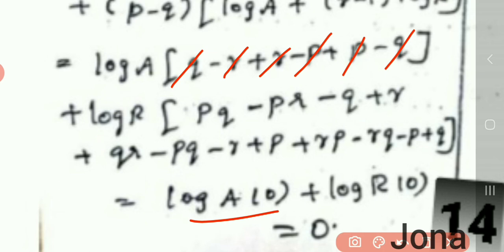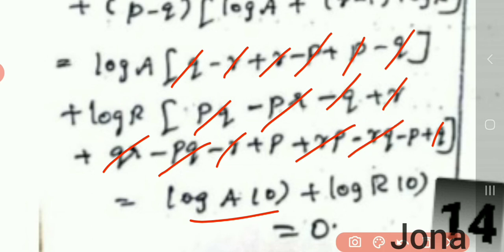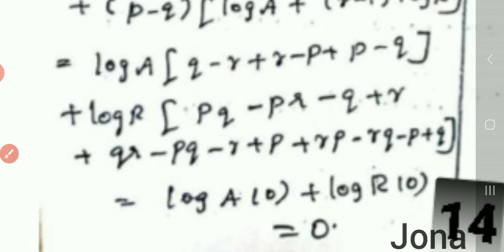From this bracket, plus pq and minus pq, minus pr and then plus pr, minus q and plus q, and r here and minus r here, and then plus qr and minus qr, and then the remaining terms, p and minus p. So everything gets cancelled here. So altogether we got 0. So that is the required answer for us. Thank you.